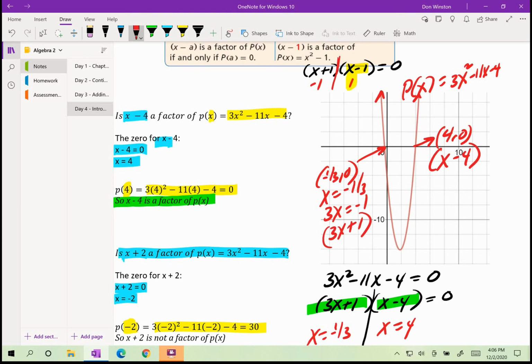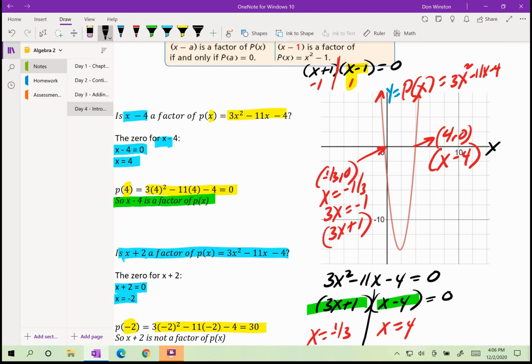Okay, and all the theorem really says that, hey, if x minus 4 is a factor of that polynomial, if you take its 0, which is 4, and you plug it into p of x, and p of x is y, right? You should get y is equal to 0. Well, by golly, that just makes sense because that's the x-intercepts, where the graph crosses the x-axis.